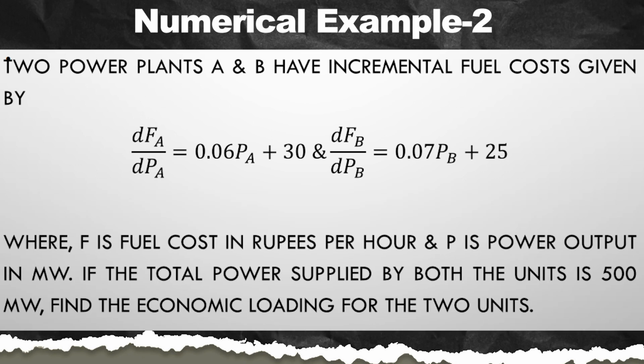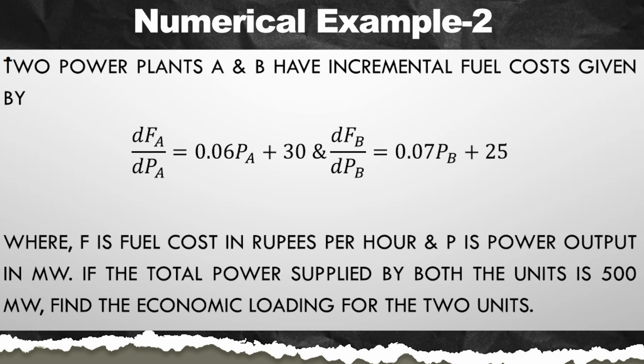Two power plants are there. One is power plant A and another is power plant B, and they have incremental fuel cost given by dFA divided by dPA is equal to 0.06 PA plus 30 and dFB divided by dPB is equal to 0.07 PB plus 25, where F is the cost.